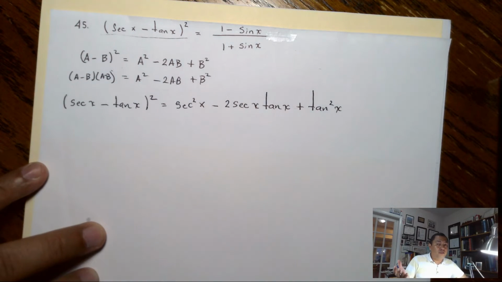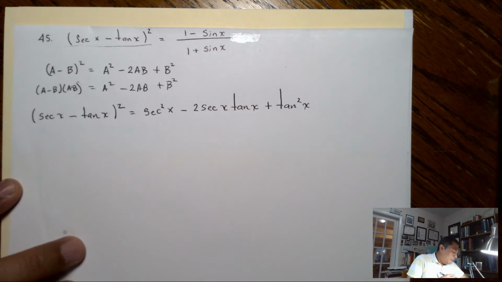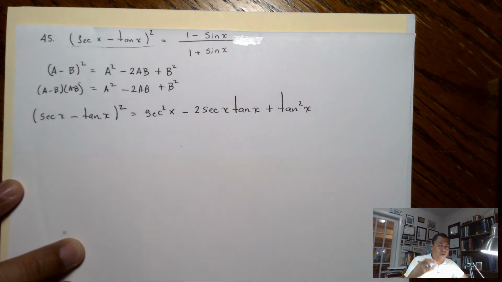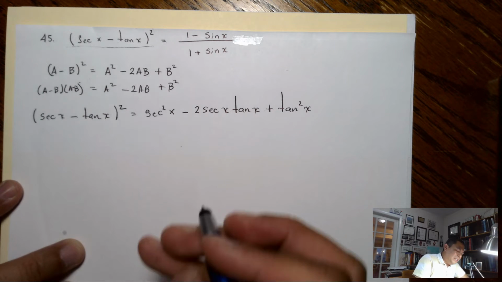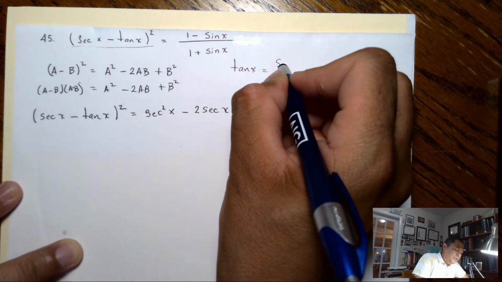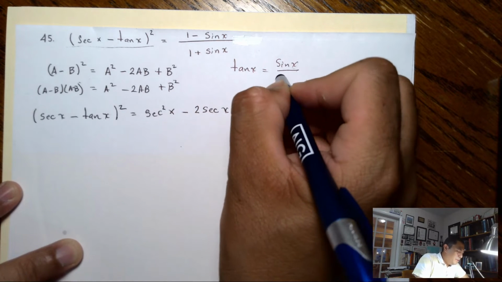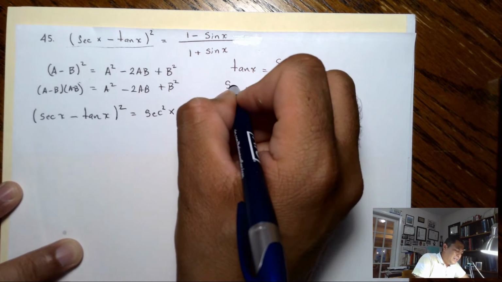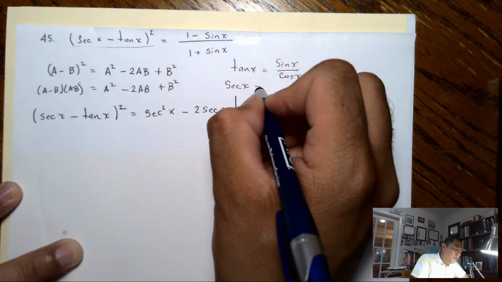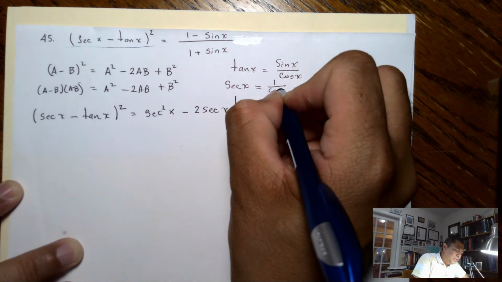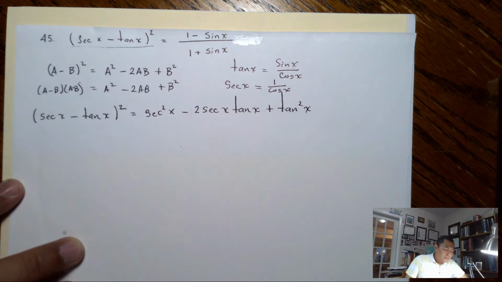Now I'm going to convert these to sine and cosine. Remember that tangent of x is equal to sine of x over cosine of x, and secant of x is equal to 1 over cosine of x.